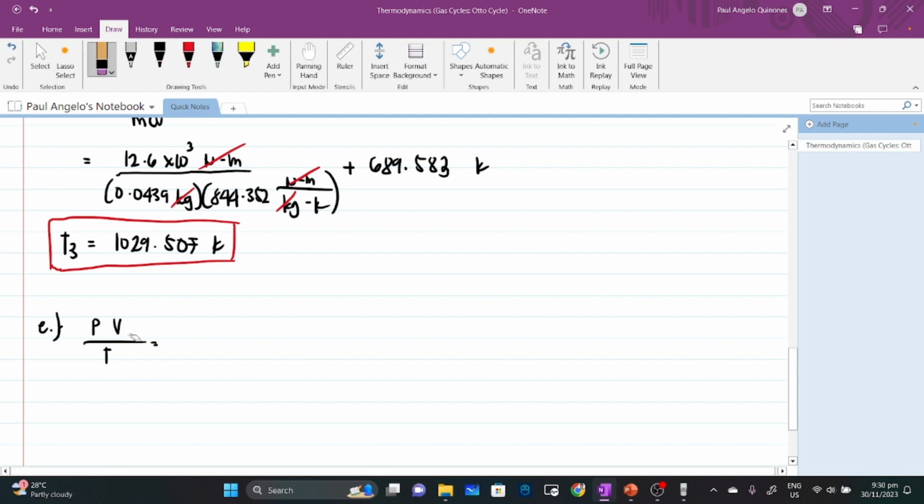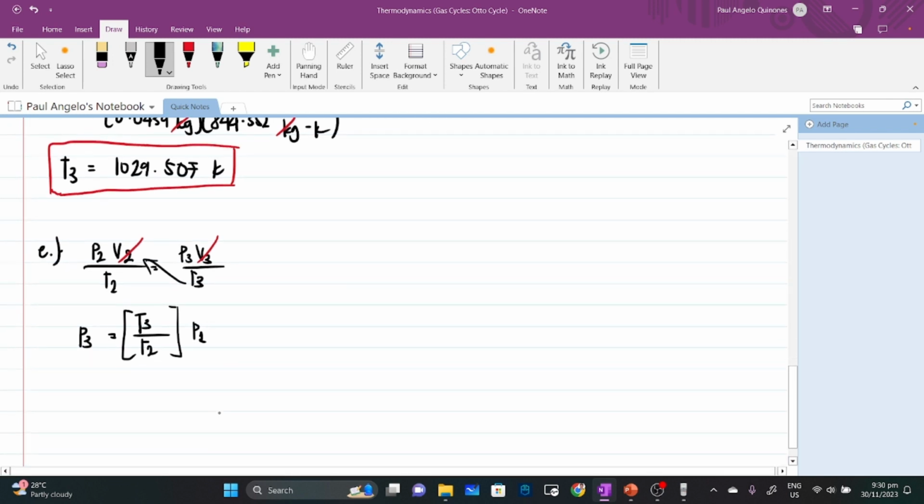So this should be 2 first, and then P3, V3, T3. So volume will cancel out since this is a constant volume process. By performing separation of variables, I can conclude that P3, cross multiplying T3 to the other side, is T3 over T2 quantity P2.